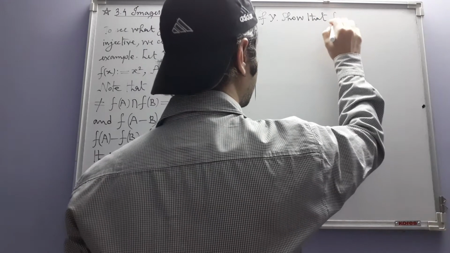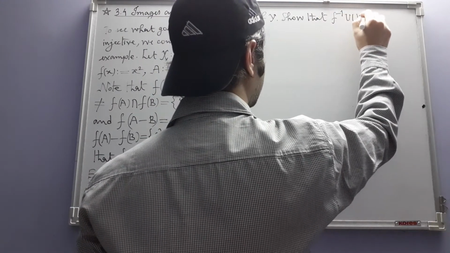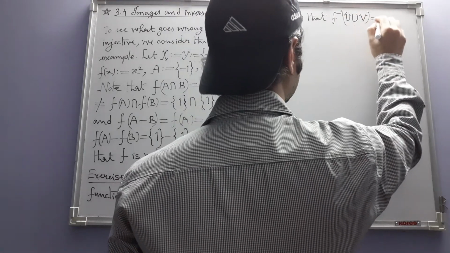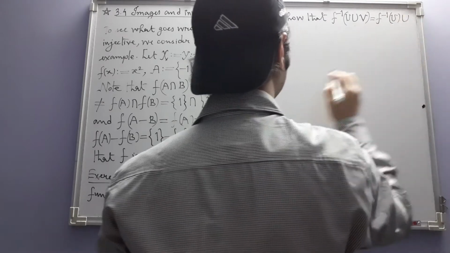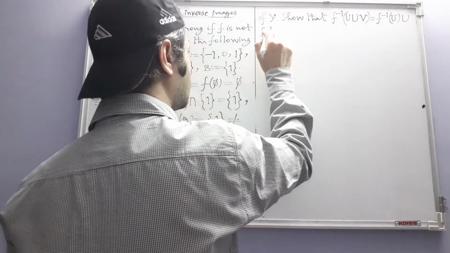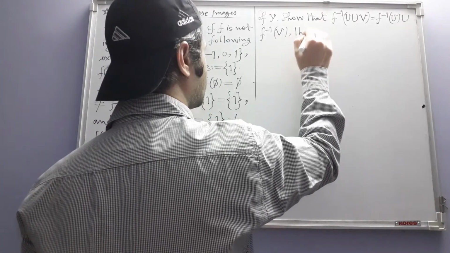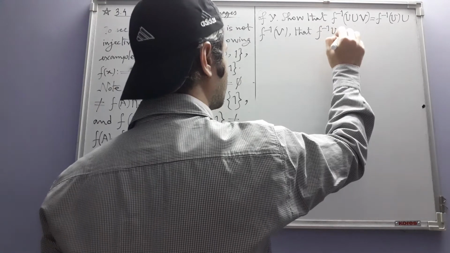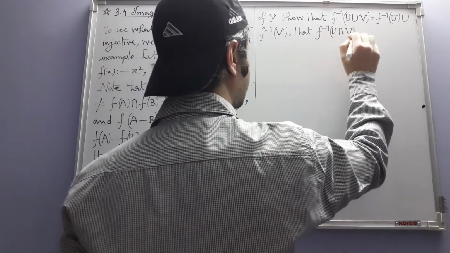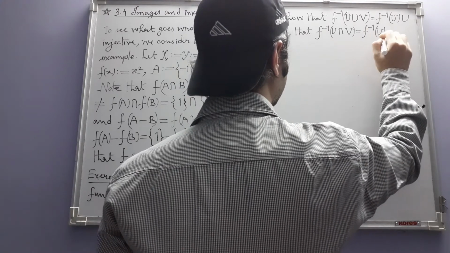Show that f inverse of U union V equals f inverse of U union f inverse of V. Just like that, in case of intersection, we have equality.